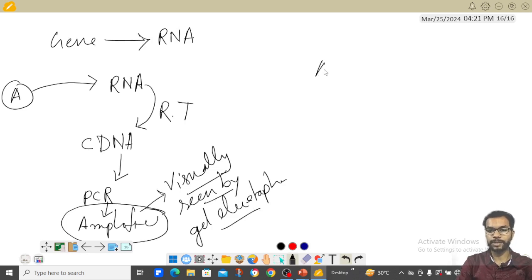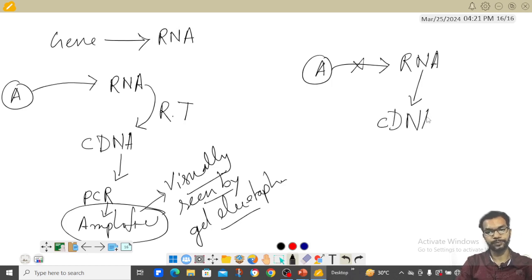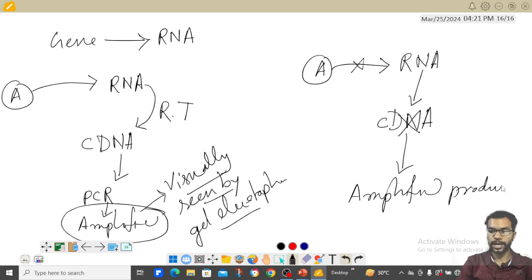In the second case, suppose gene A does not express itself, so it will not produce RNA. If there is no RNA, it will not synthesize cDNA. If there is no cDNA, then there will be no amplified product, and it can be visually seen that there is no amplified product.